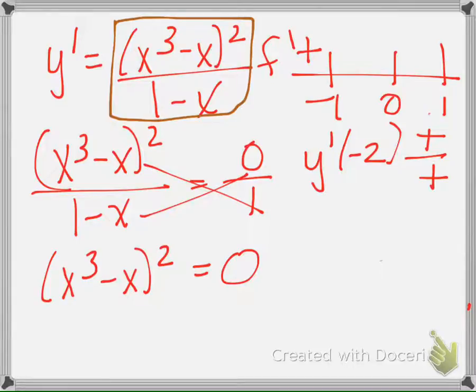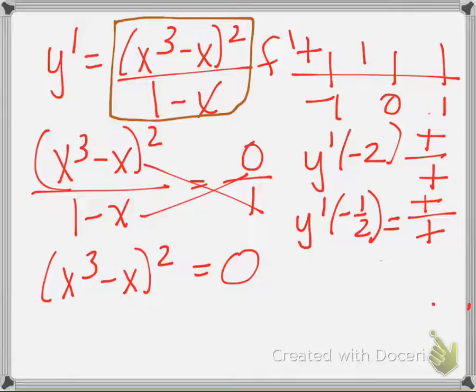If we do y prime of, let's say, -1/2, we know the numerator is always positive, and on the bottom we're going to get a 1 plus 1/2, positive. This is like the problem Patrick did in class, where it's a lot easier if you just use some common sense and say, my numerator is always going to be positive, so I really just have to worry about the denominator.